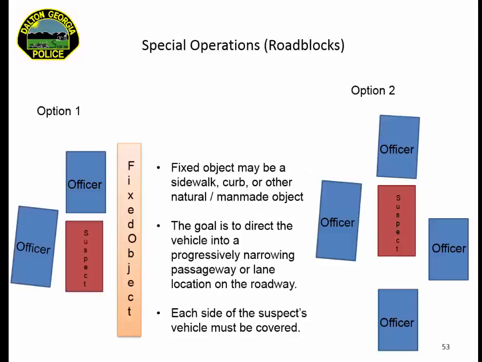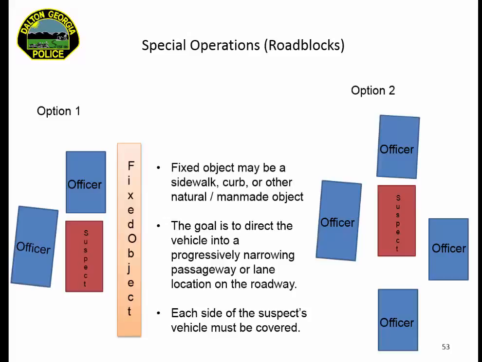If you look at this screen here, I know it's kind of hard to picture this in your mind, but the first one, option 1, you've got the suspect vehicle, and then you've got patrol car 1 and 2. This would be a fixed object, such as maybe a guardrail on the interstate or on the roadway, maybe a median like on West Walnut Avenue.